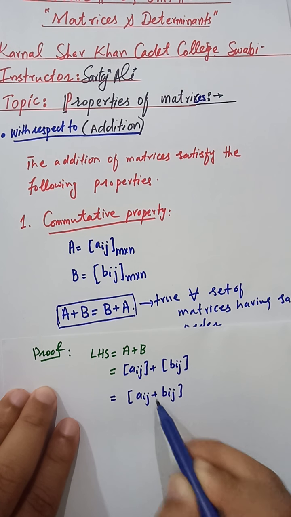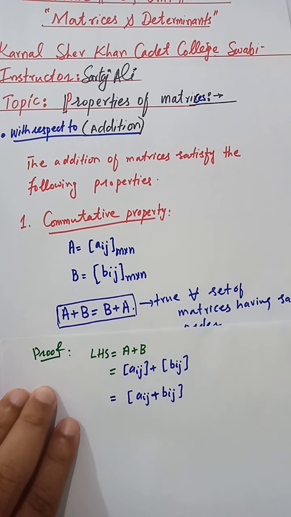You see that Aij will be added with Bij because both have the same subscript, and if elements have the same subscript in different sets, they must lie in the same position of those matrices, and they are called corresponding elements.